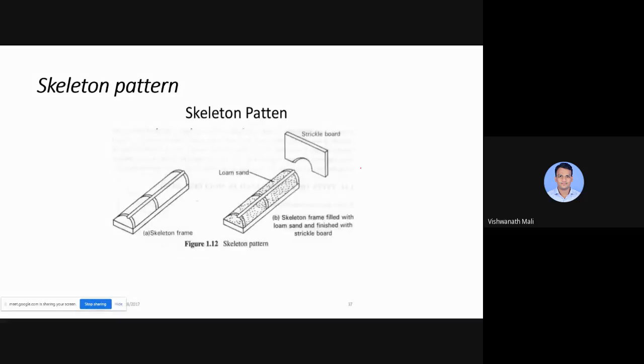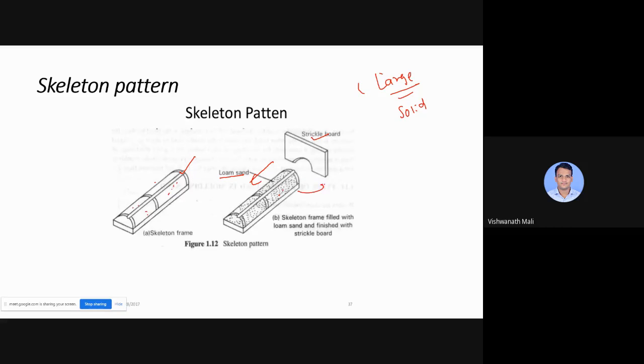Then there is the skeleton pattern. When there is a large casting, instead of using a solid pattern, we prepare the skeleton. Here you can see the skeleton. In the hollow part of this skeleton, we pour the loam sand, and once we pour the loam sand, to get the finish, we use this strickle board and move it along, and we get the full finish of this skeleton pattern.